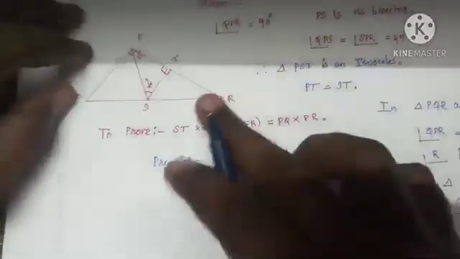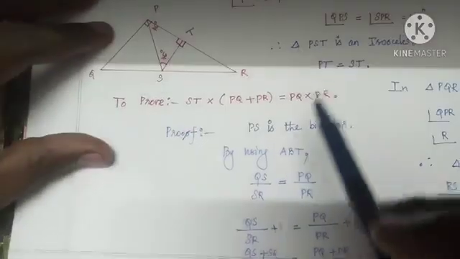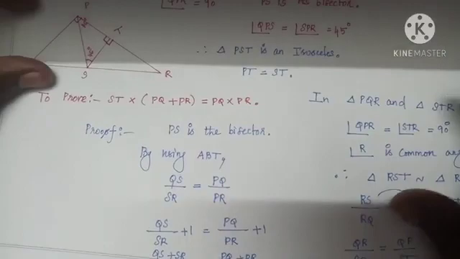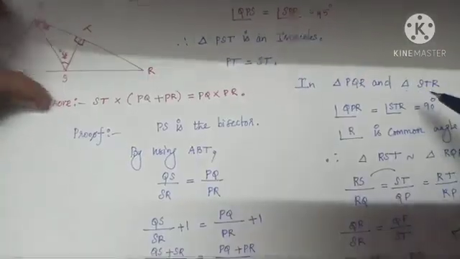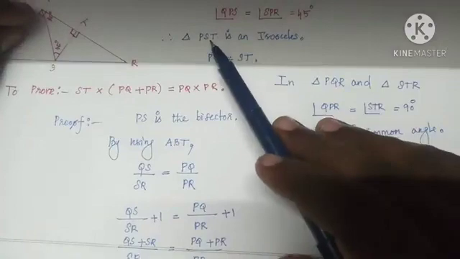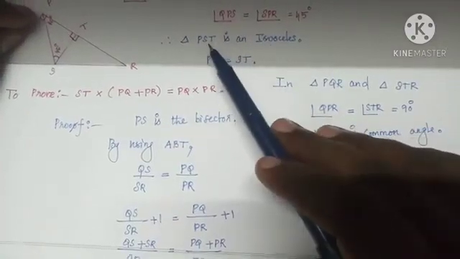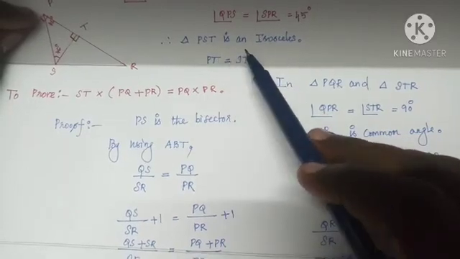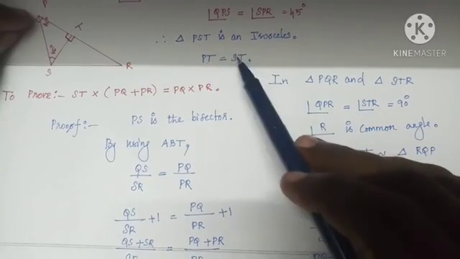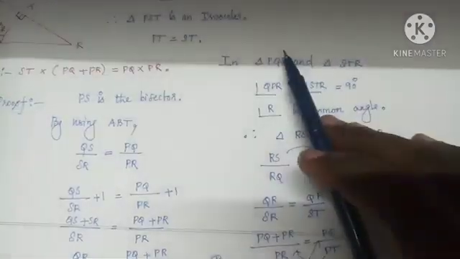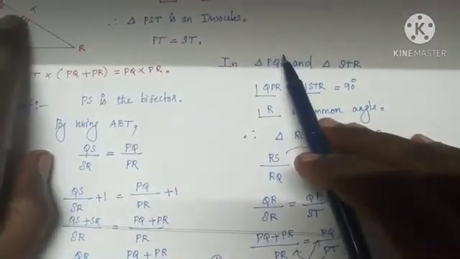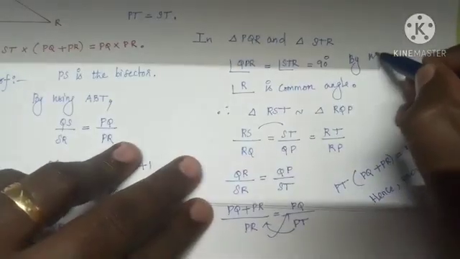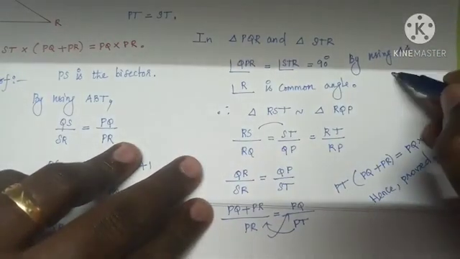Listen once again. This is the given diagram. Here we are going to prove ST into PQ plus PR equal to PQ into PR. I applied the angle bisector theorem and showed that triangle PST is an isosceles triangle, so the sides opposite to equal angles are equal, and PT is equal to ST. Then triangles RST and RQP are similar by the angle similarity criteria.